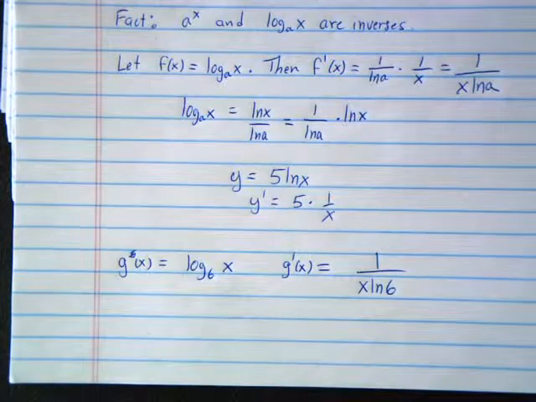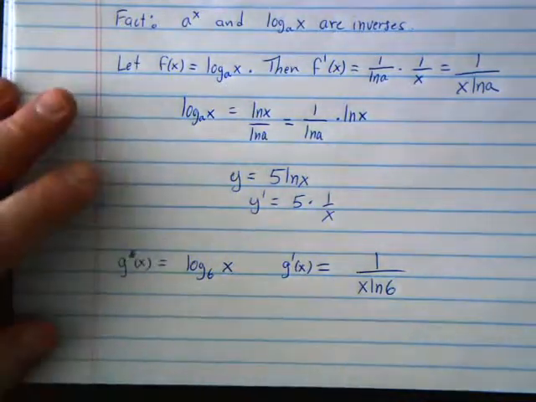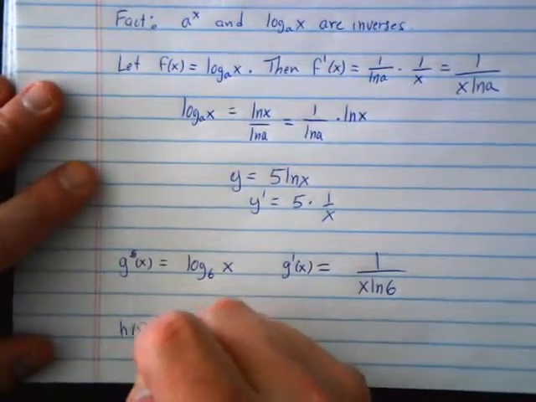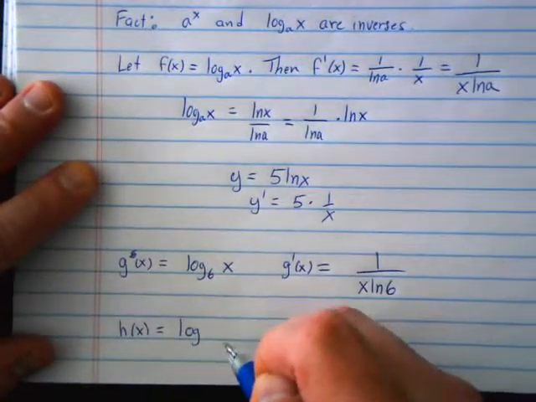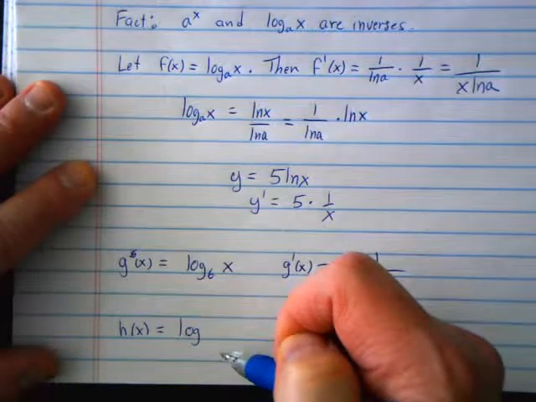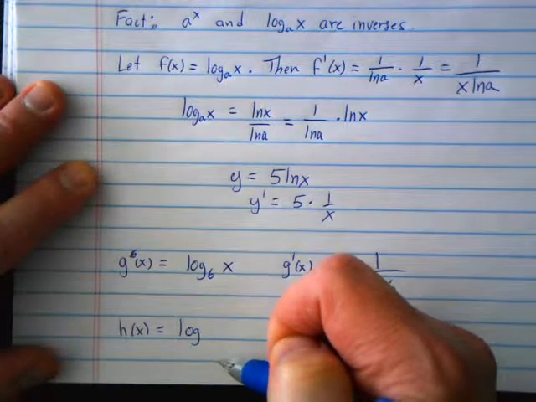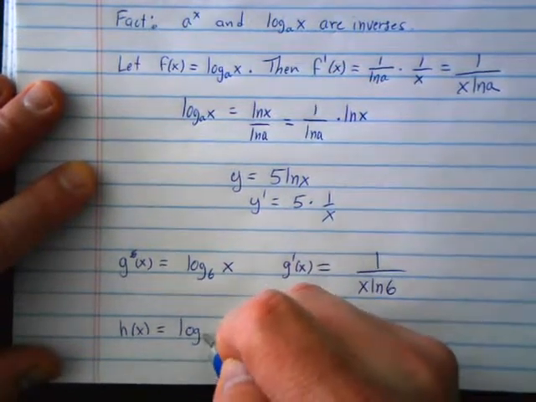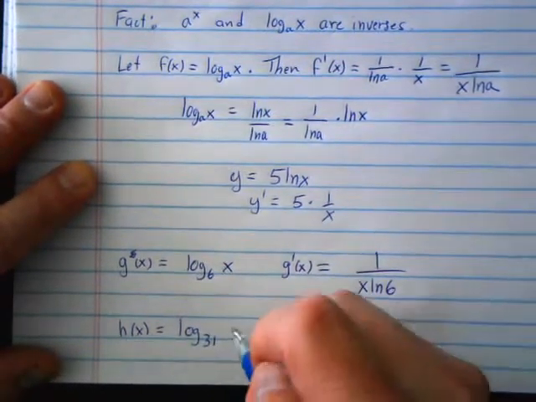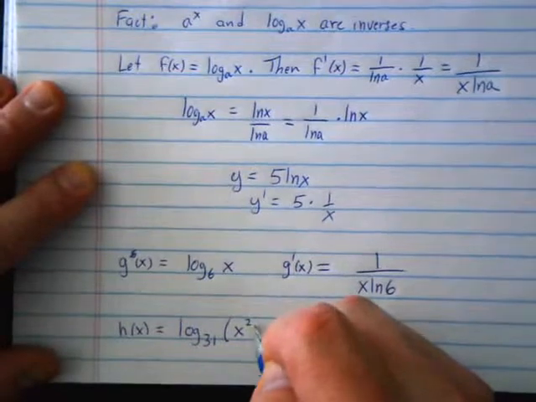That's correct. H of x is log base, I don't know, anybody got a number they like? If somebody says 13, I'm going to say 31, of x squared plus 2.